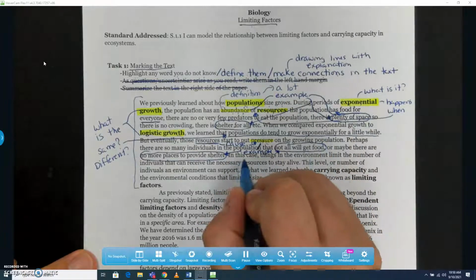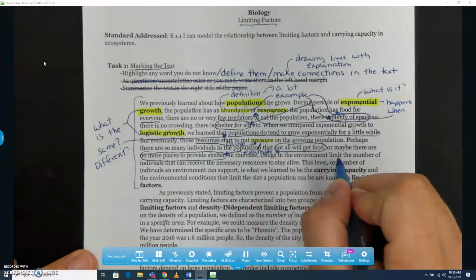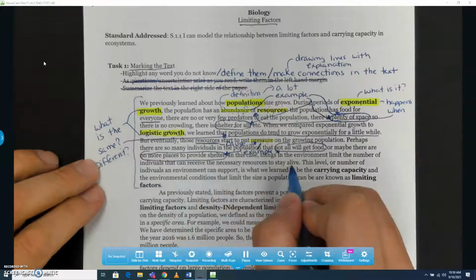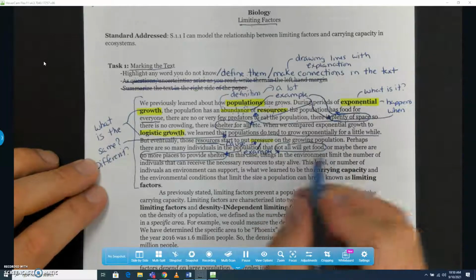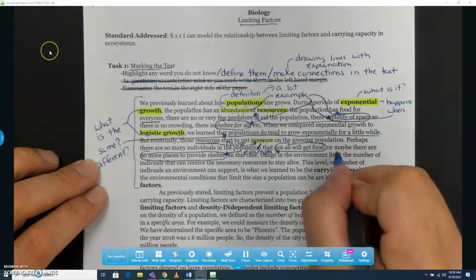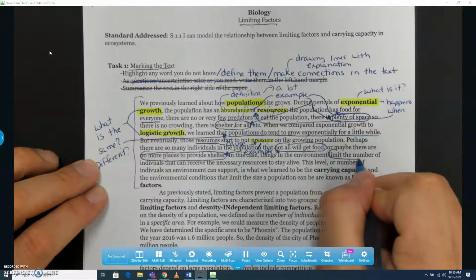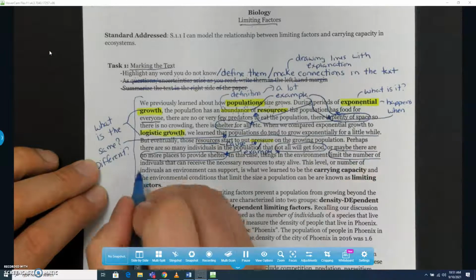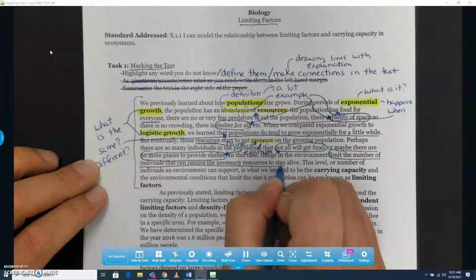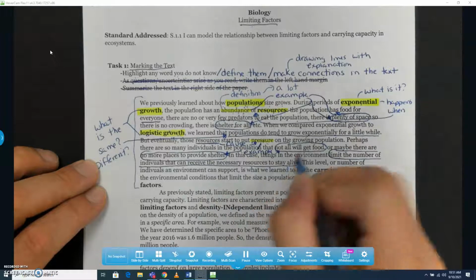Moving on. In this case, things in the environment limit the number of individuals that can receive necessary resources to stay alive. Okay. So the pressure limits the number of resources. That looks like it is a cause of pressure.